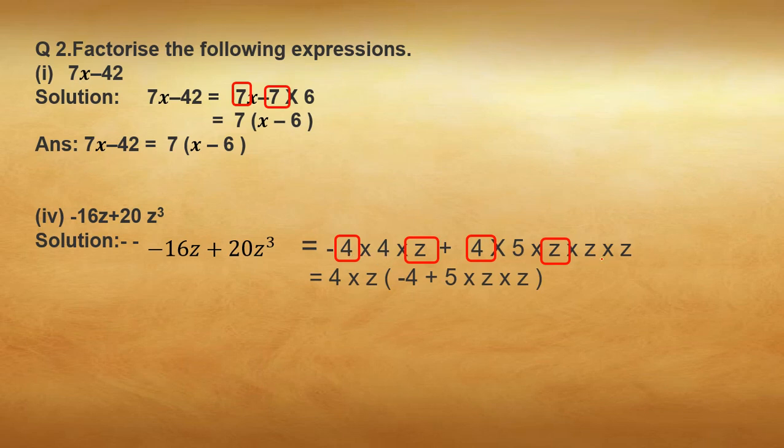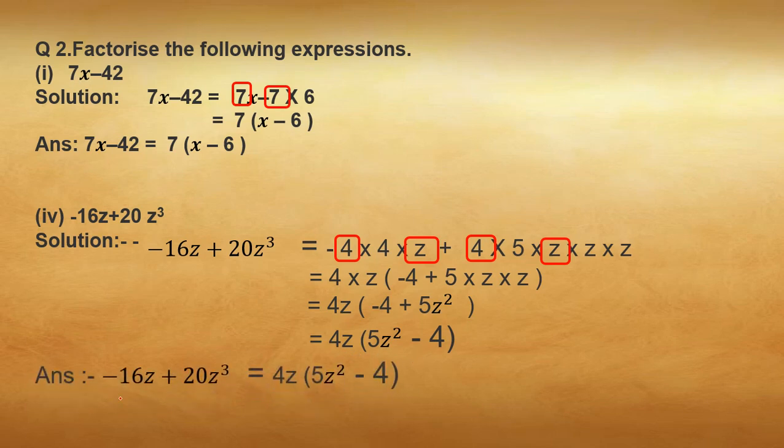Now 5 x z x z we can write as 5z^2. So it is 4z(-4 + 5z^2), or written as 4z(5z^2 - 4). This is the factorization of the given expression -16z + 20z^3. So it is easy to find the factors of a given expression using common factors or regrouping the terms.